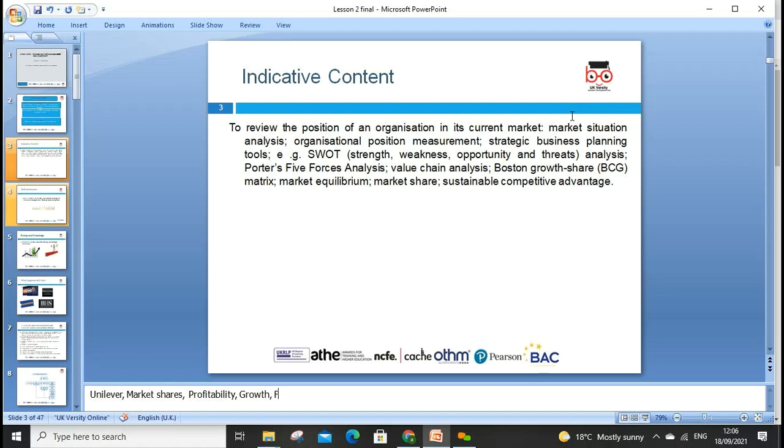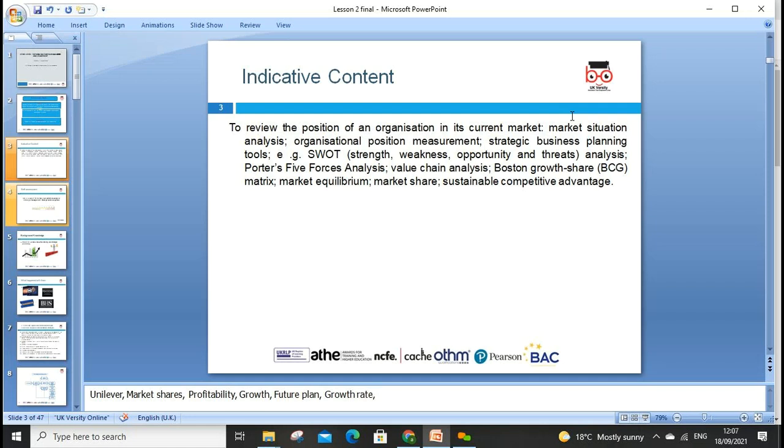We can look at the growth and the future plan. So we look at their position in the current market, their market situation analysis.